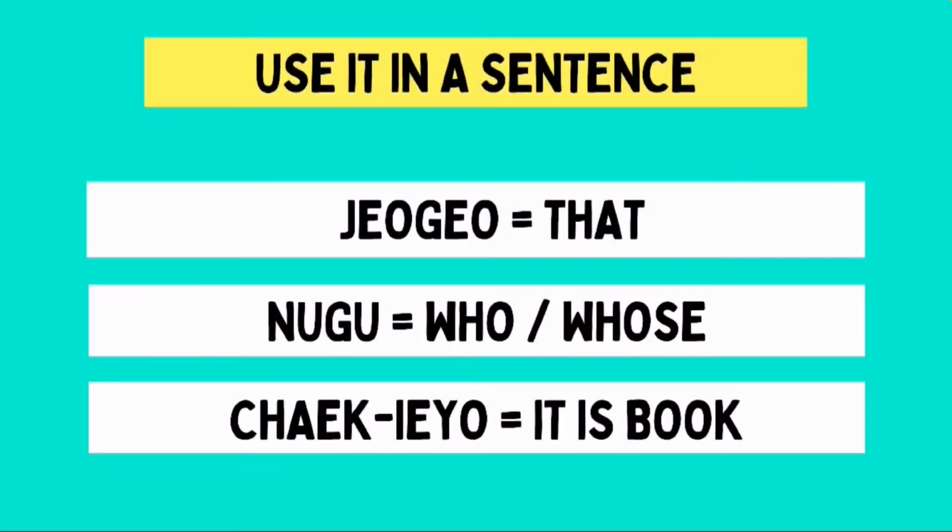The first part of the sentence is 저거, which means that over there. And we know that it is used to indicate that the object is far from both the listener and the speaker. And for the case of this sentence, the object that we're talking about is 책 or a book. But for the case of this sentence is actually 책이에요 with an 이에요 at the ending.